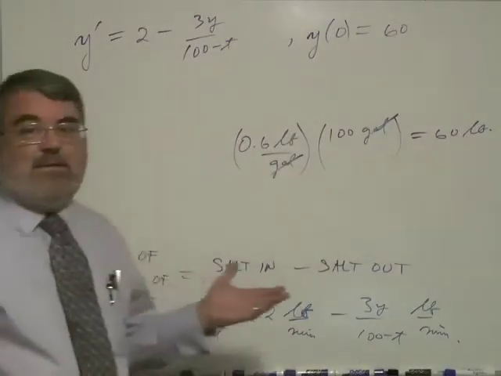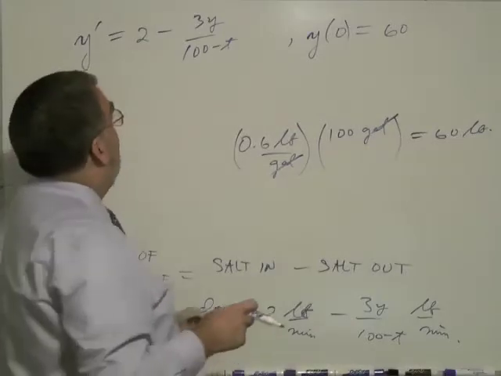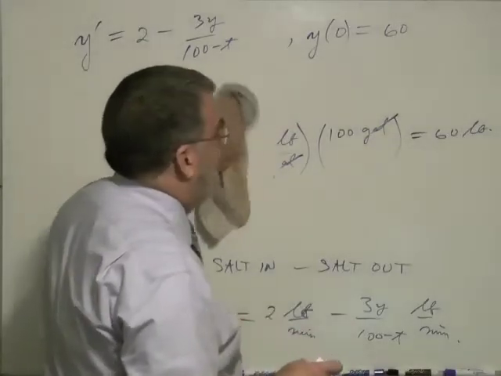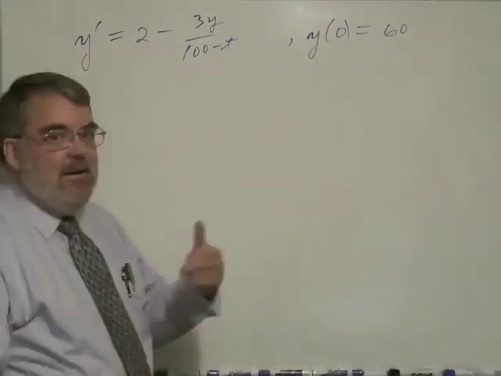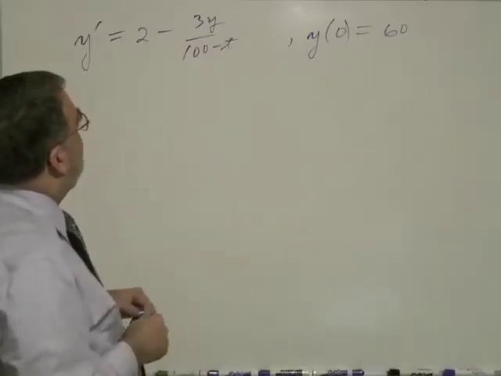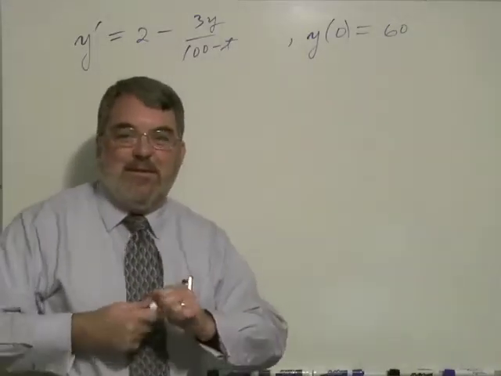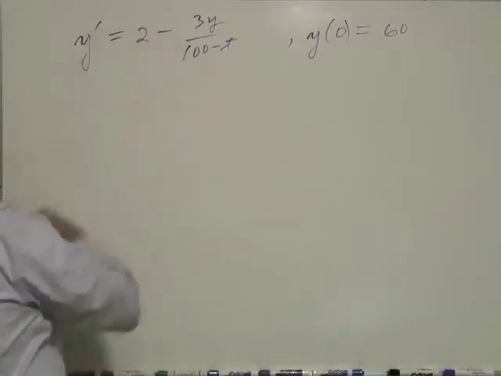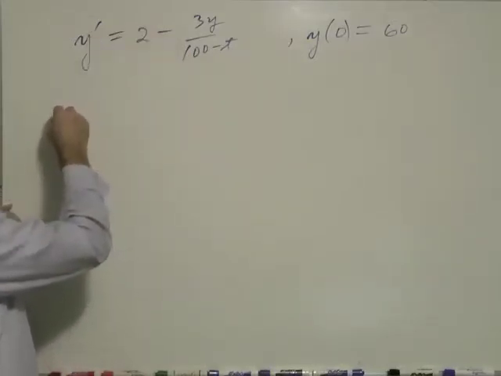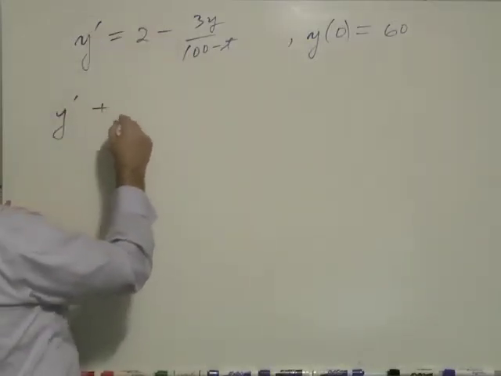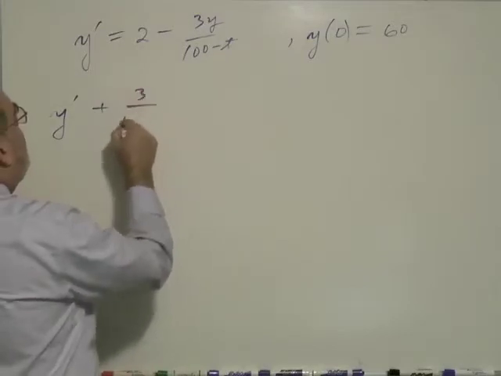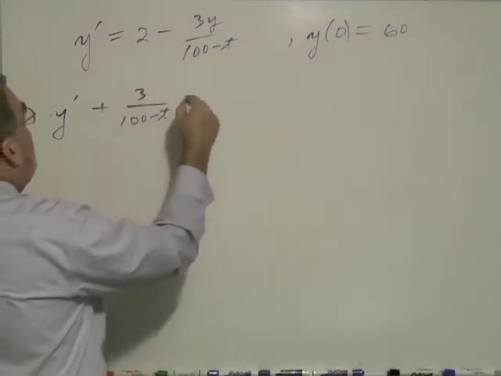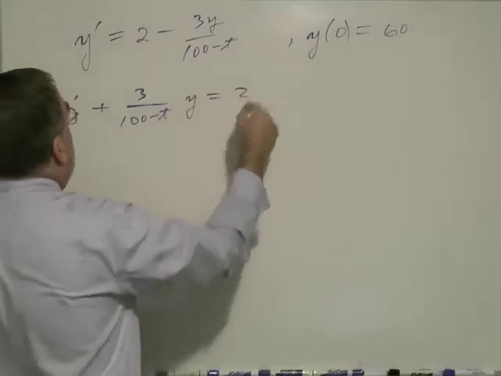Well, I think everything is set up for us to solve. And let me do some erasing here. Looking at this, it looks like what we've been doing lately in these videos. I'm going to bring this term over to the left side. We have y prime plus 3 over 100 minus t times y equals 2.